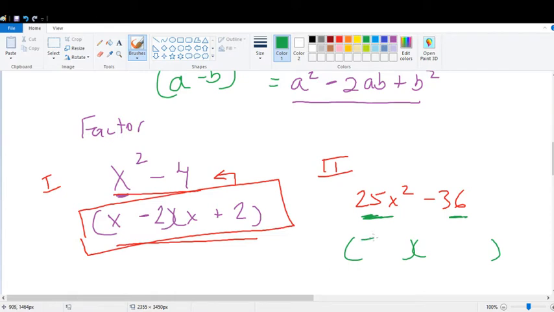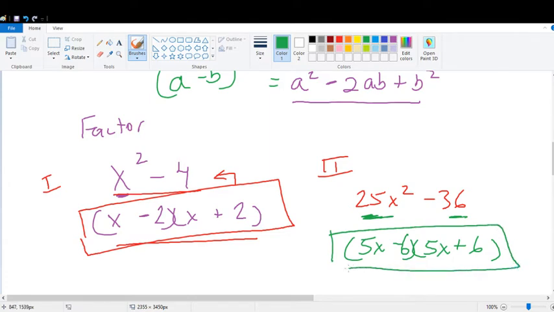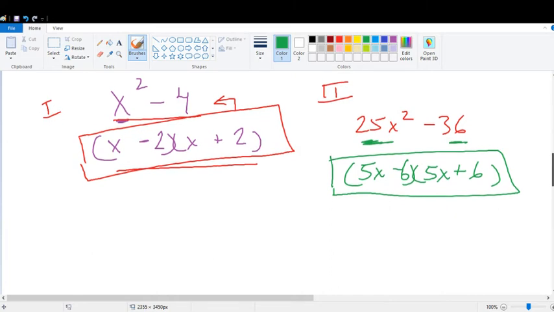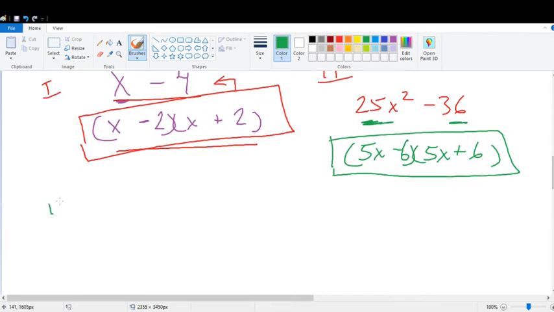So I can do 5x times 5x is 25x squared. This is a minus, so I can do a minus and a plus. I can do 6, because 6 times 6 is 36. And so there we go. Let's do another one.